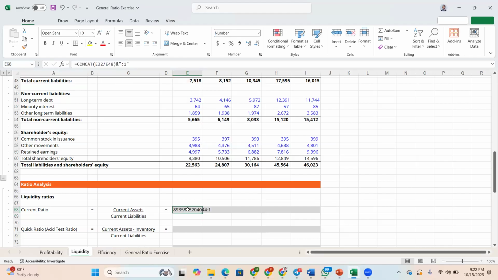Okay, this is what I was trying to do, but it's giving me something else.